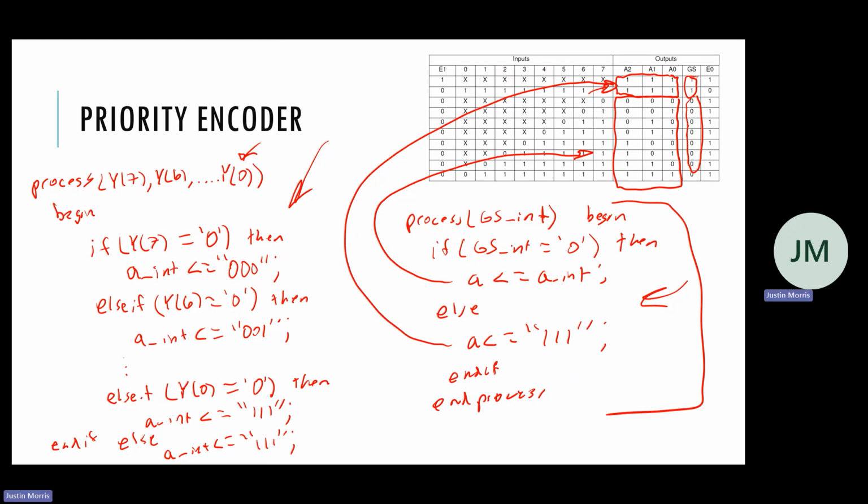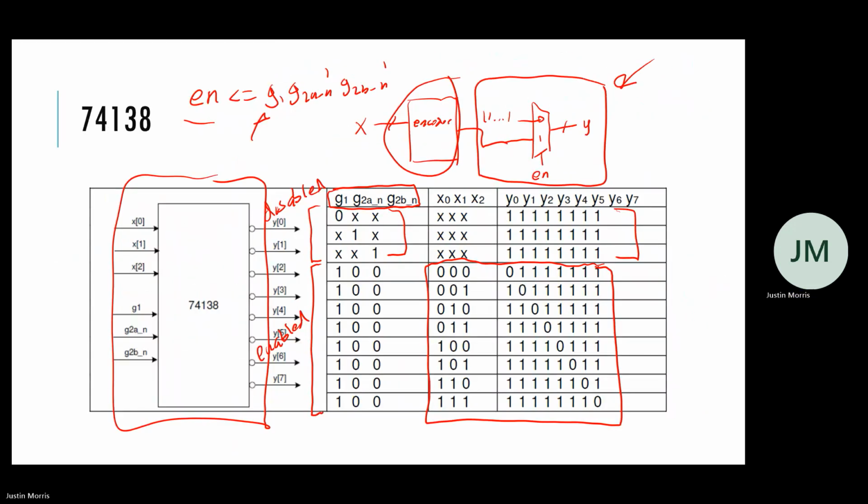This one is the mux, because we have an if statement and we're selecting two different things: we're either selecting A internal or 1, 1, 1. So you would have something very similar to implement this mux too.